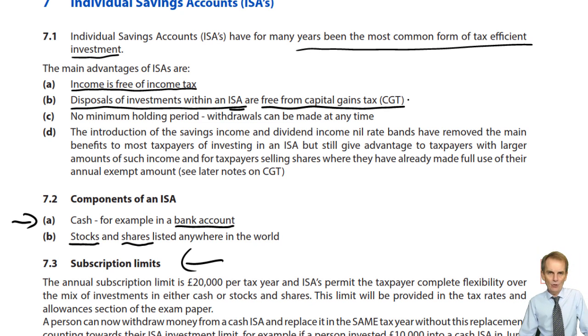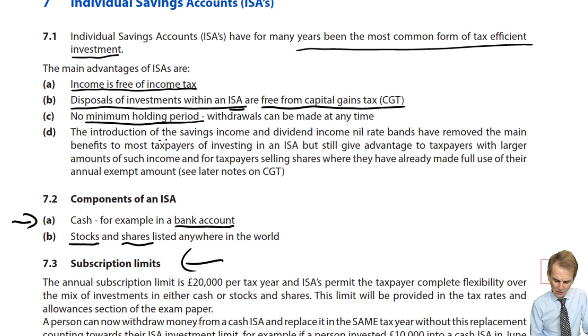So any level of shares held within an ISA, when disposed of, will be free from CGT. No minimum holding period here. Again, it doesn't matter when you dispose of them. If they were allowable in terms of the acquisition to go into the ISA, when they are disposed of, they will be free of CGT.